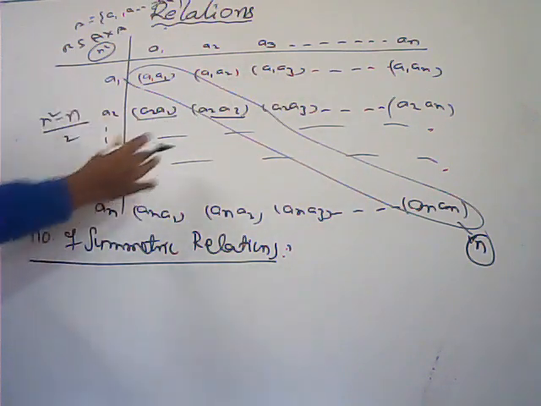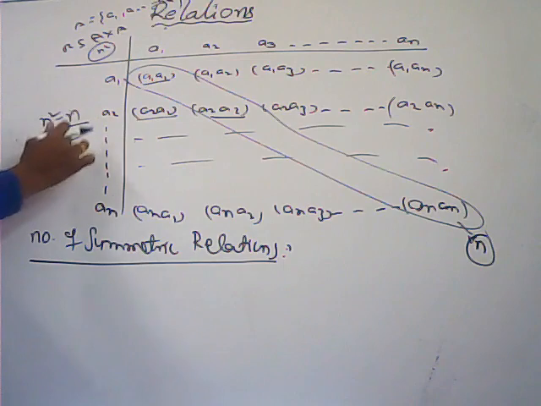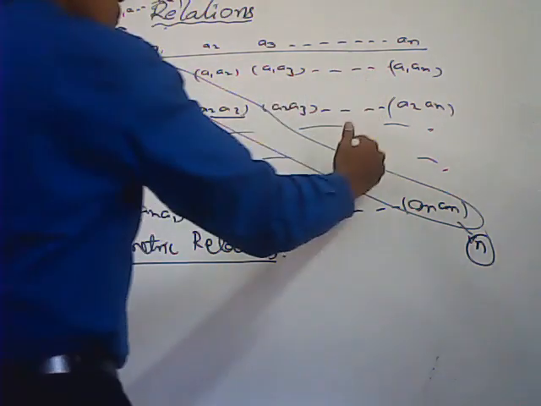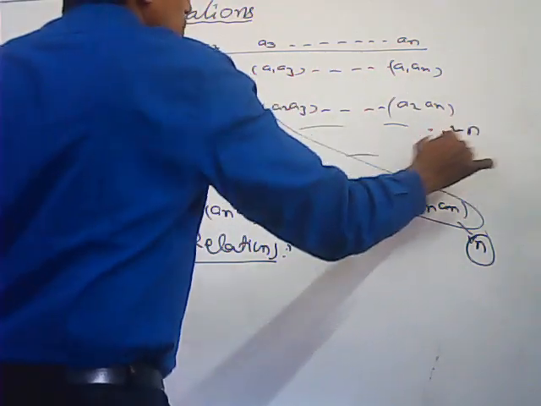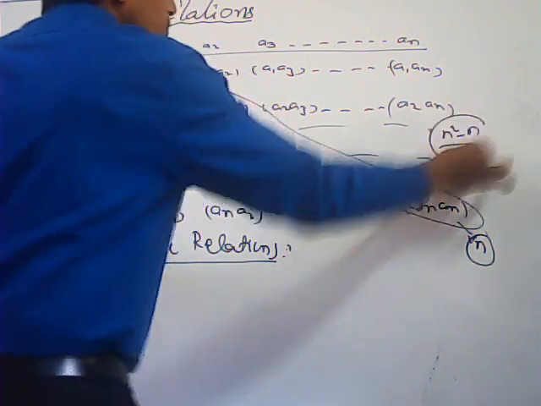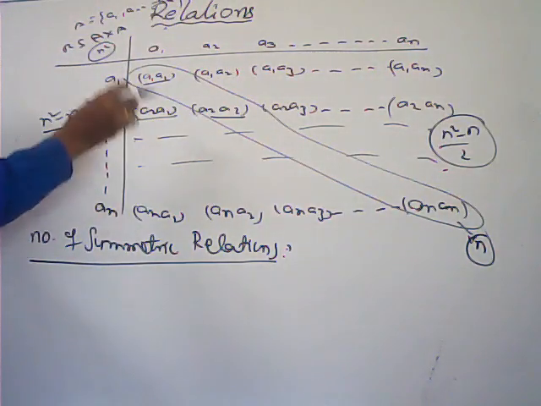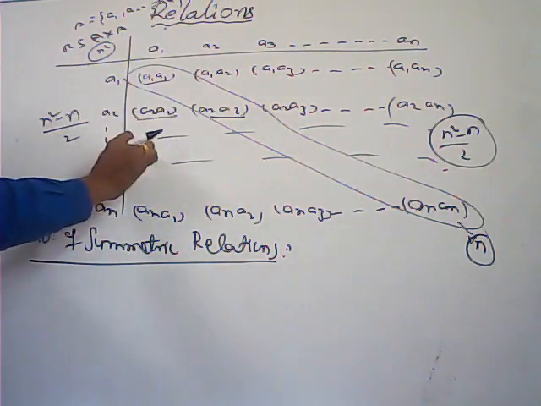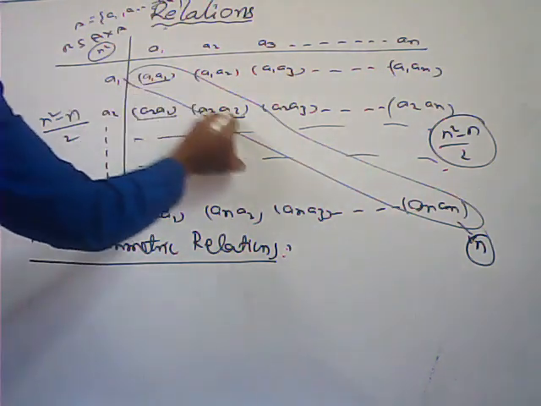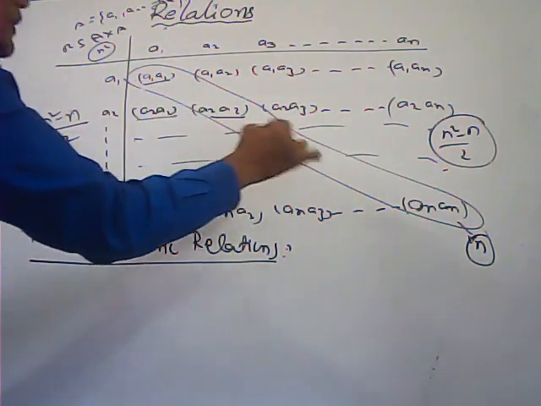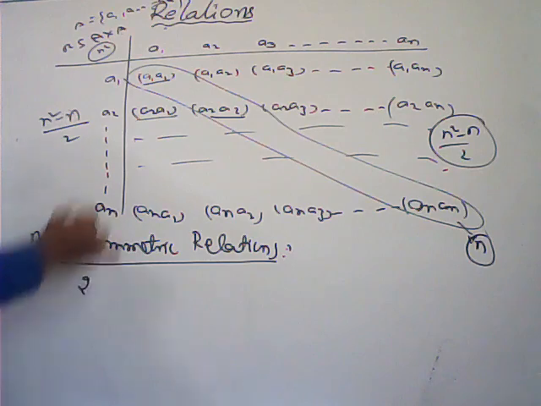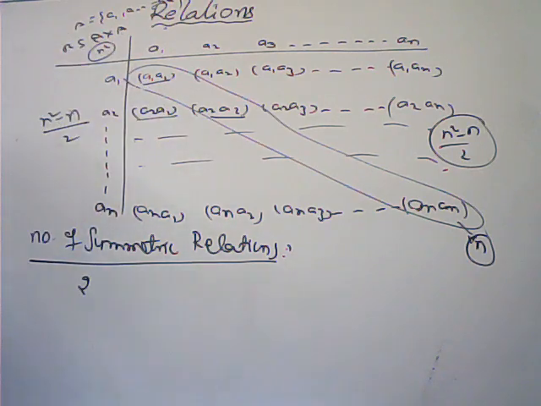So below the principal diagonal, n square minus n by 2 elements are there. Above the principal diagonal, here also n square minus n by 2 elements are there. Now here, either you can check this one or that one. Here I am checking first. Now first this one also, every element may or may not be present. So for this one, A1 A2, may be, may not be.